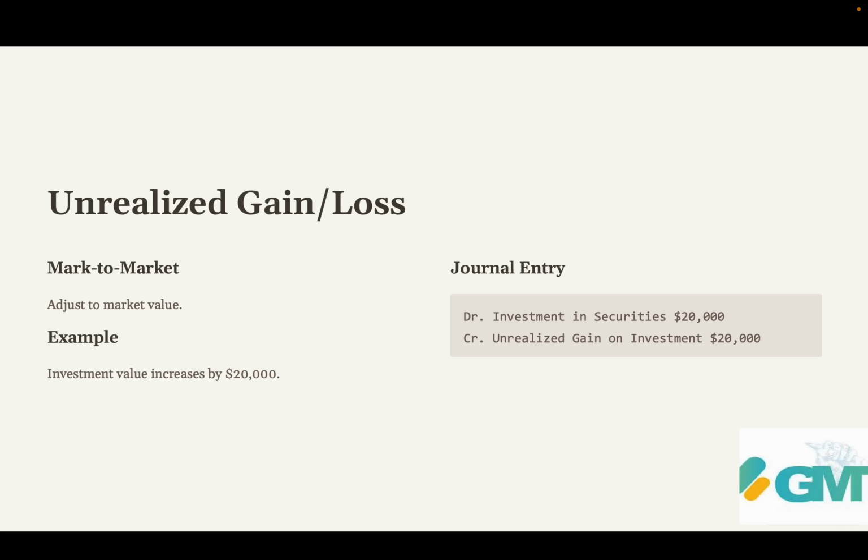Mark to market, adjust to the market value. Example, investment value increased by 20,000. For example, all the options or other instruments increased by 20,000, and it includes stock and bonds as well. Mostly mark to market is calculated for everything, but it will impact much more on options, futures and so on, because stock will not impact much.